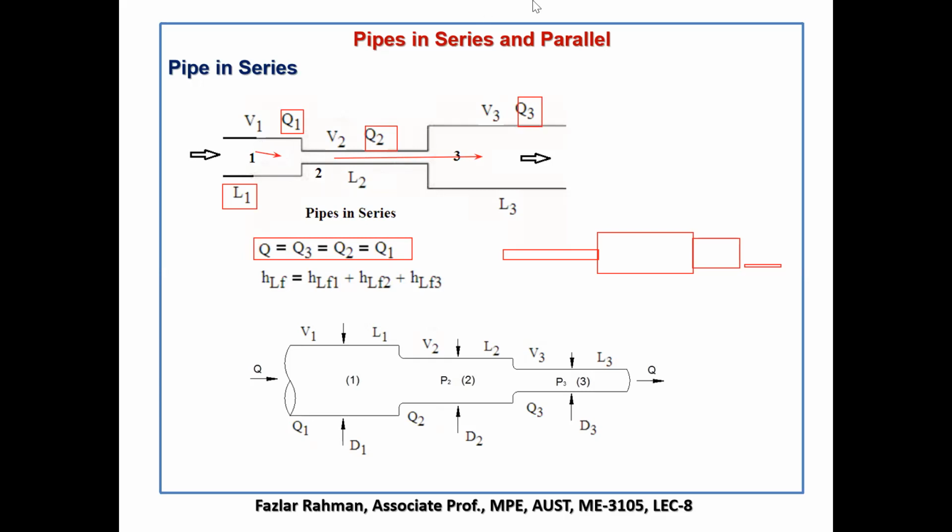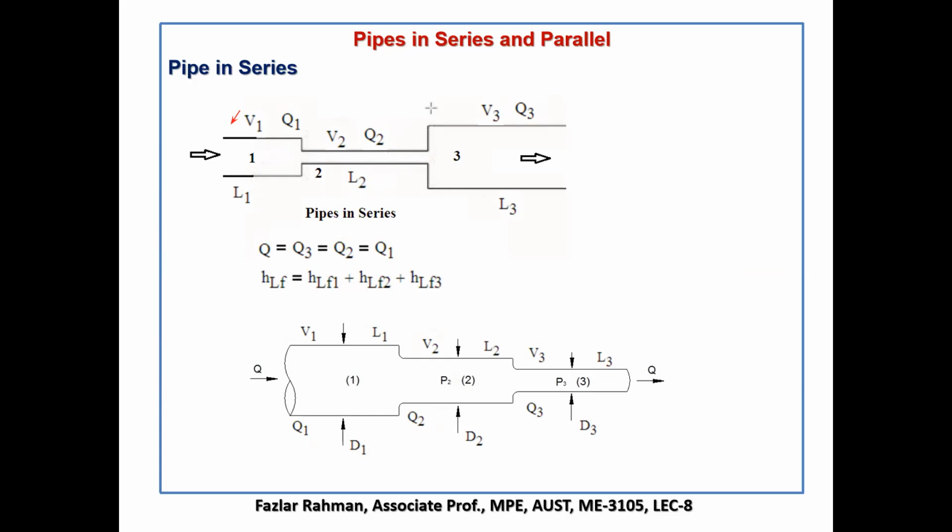Now, if you have different sections, there will be some frictional loss, right? So those frictional losses are not the same, because velocity in different segments of the pipe is not the same.